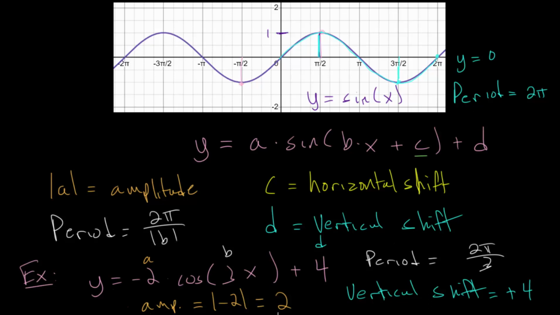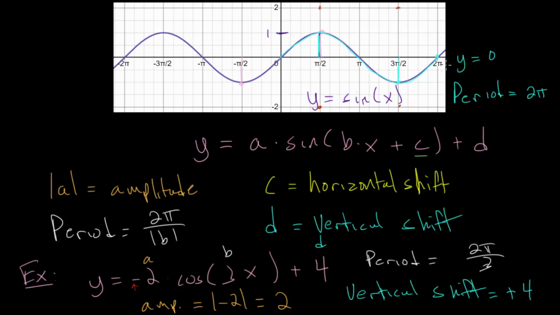And if we want, we can use this information to actually construct a picture, starting with the parent function for the cosine function, using the fact that we're doing a reflection about the y-axis. The amplitude will be stretched up by a factor of 2, but then we'll be reflecting over this x-axis. And again, this is the sine function, not the cosine, and we're dealing with cosine here. But you can get a general idea.